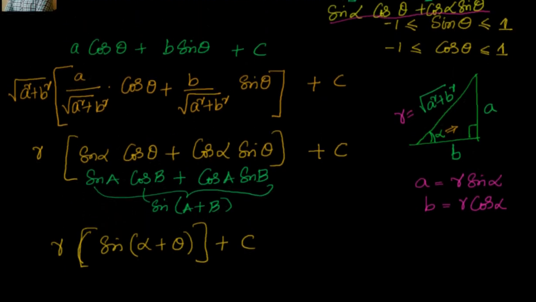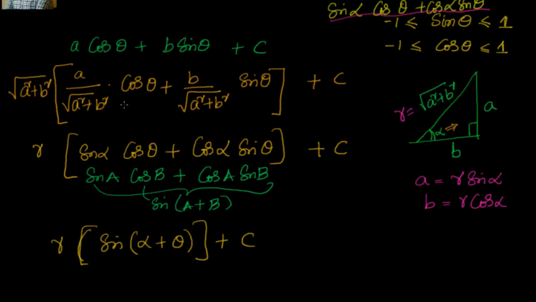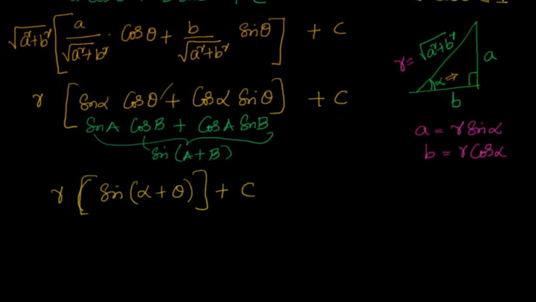What we have done is we have leveraged the compound angle properties. We want to convert this into a single expression, so for that we have taken a and b. We found an angle such that sin alpha equals a by r, or a by square root of a square plus b square, and cos alpha equals b by square root of a square plus b square.